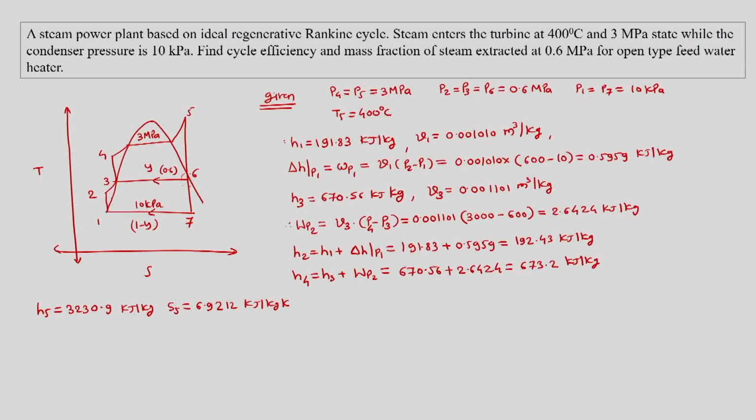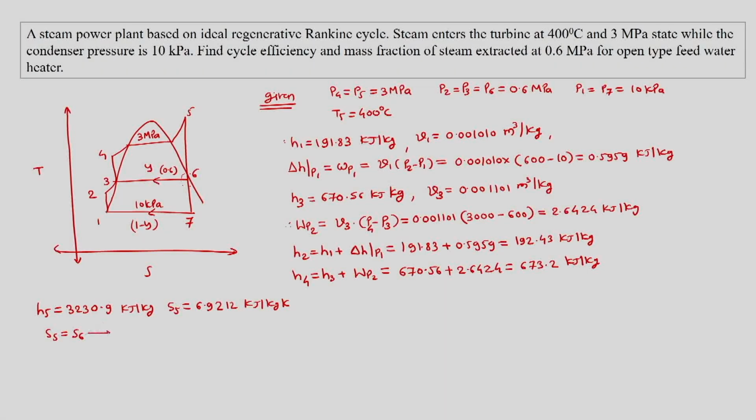After this we will find state 6, where S5 is equal to S6, and for that we have to go into the steam table and find at what temperature at 0.6 megapascal we have the same entropy as that of S5.